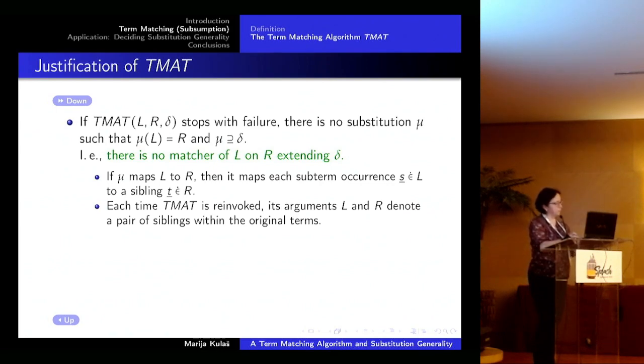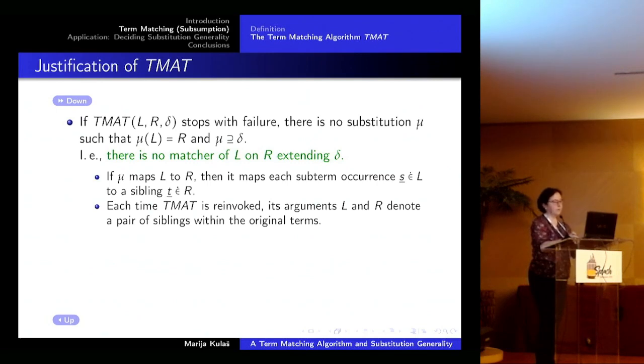Basically, a pair of corresponding terms in corresponding subterm occurrences in 2 terms. The second observation: each time the match is reinvoked, its arguments L and R, which should be primed, because that need not be the same as at the beginning, denote a pair of siblings within the original terms.